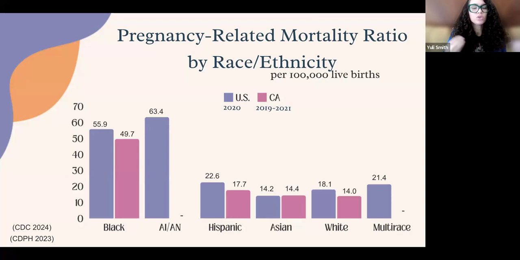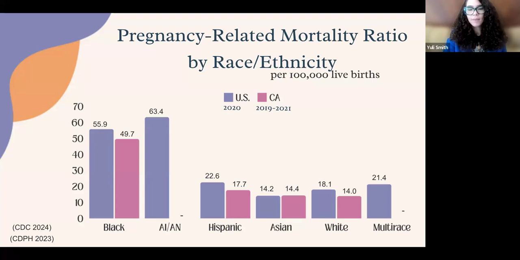We use the most recent statistics that are available. So for the US, this is 2020. And for California, it's between 2019 and 2021.